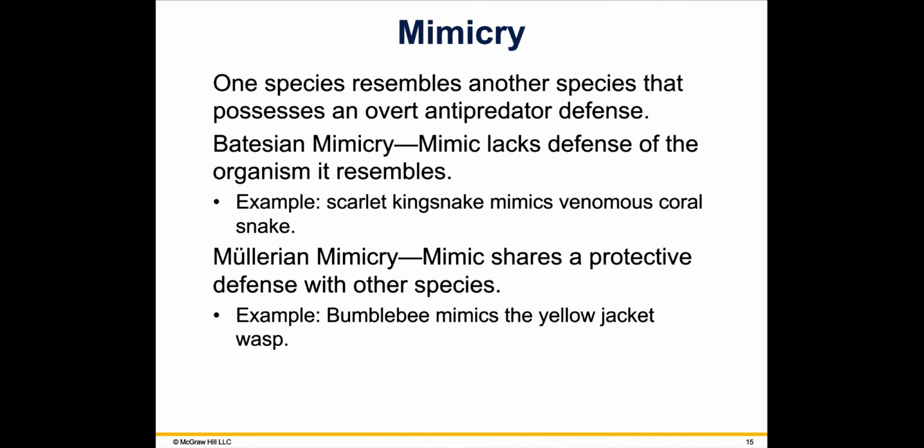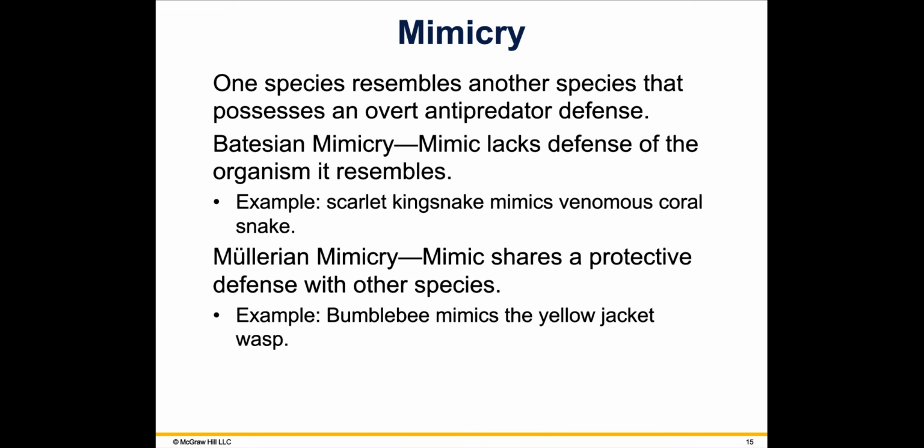Mimicry is another defense that prey can have. It's where one species resembles another. There is Batesian mimicry, which is there is no defense, but I look like something that is scary. So a king snake has a similar coloration to the venomous coral snake.